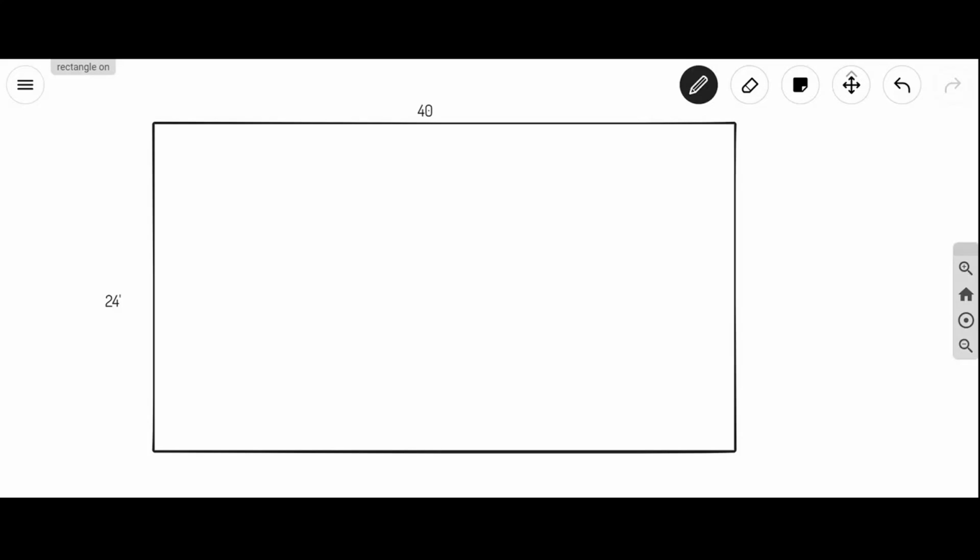Now, in this room, how many diffusers do I need to place? So what is the type of ceiling, sir? 40 by 24, which is 960 SFT.